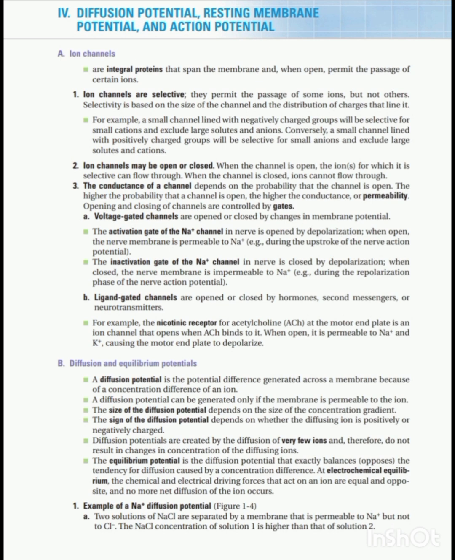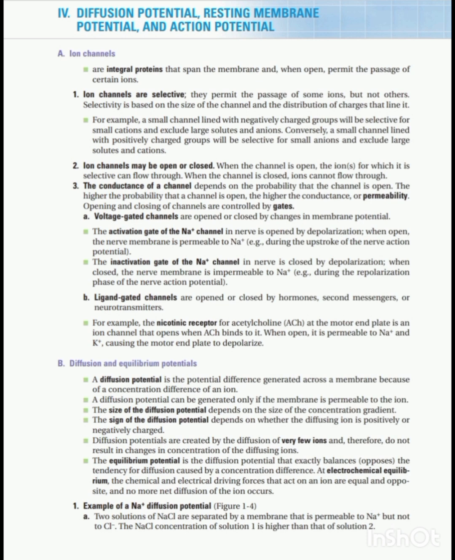These ion channels have certain characteristics. First, ion channels are selective. This means that they permit the passage of some ions but not others, and this selectivity is based upon the size of the channel and the distribution of charges that line it. Let's say we have a small channel and it is negatively charged, so it will be selective for small cations and exclude the large solutes and anions, because it is itself negatively charged, so it will not allow the anions to pass through it.